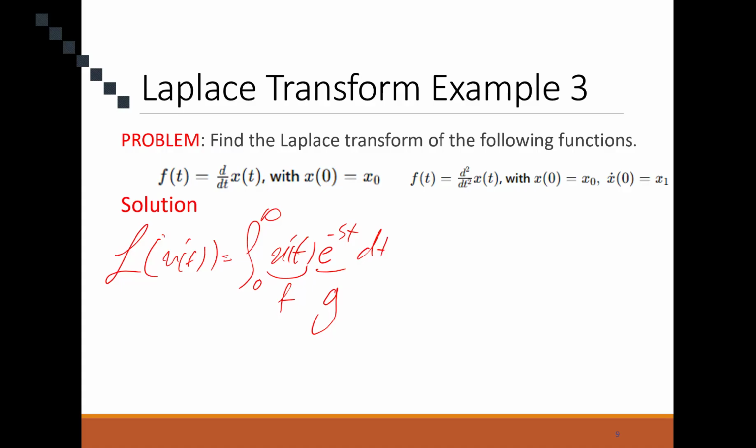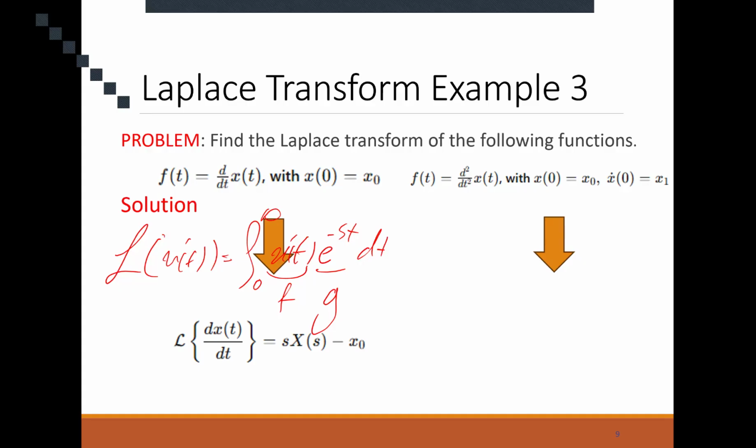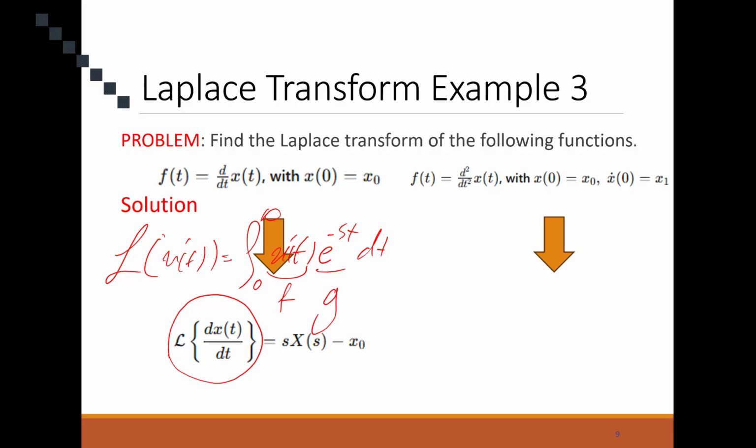I don't want to get the whole integral right now, but you can do that. So the answer will be s times X of s minus the initial condition. We already mentioned that when we talked about the characteristics of the Laplace transform: if we have a differential of a function, the Laplace of it is s times the Laplace of that function minus the initial condition. Here our initial condition is x0.